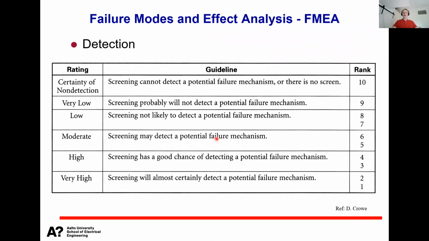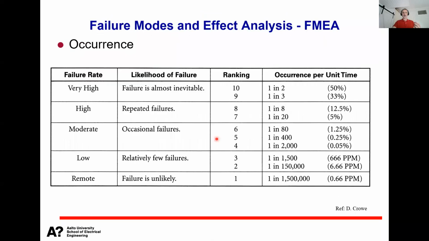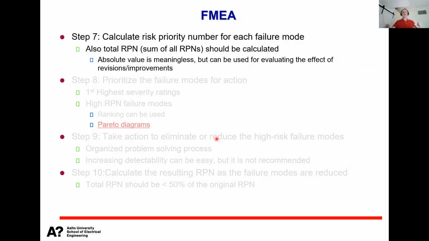So now you have assigned for all failure modes the severity number, detection number, and then, sorry, losing my words, severity, occurrence, detection. So you have assigned three numbers. Each of them is something between 1 and 10, and then you just sum up.